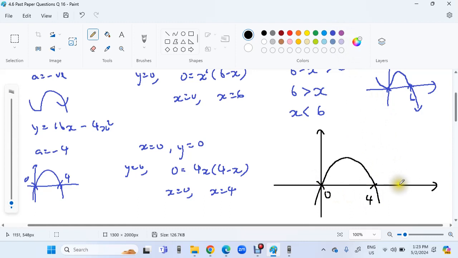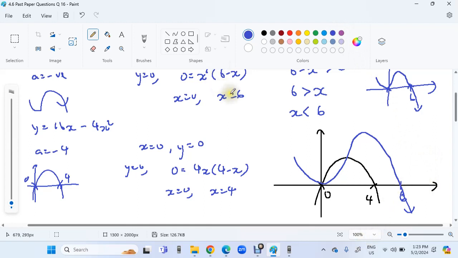And then we have 6 here. Then the graph looks like this, going downward.